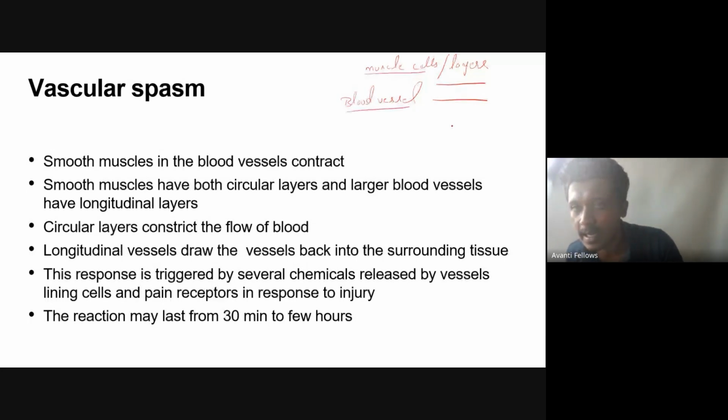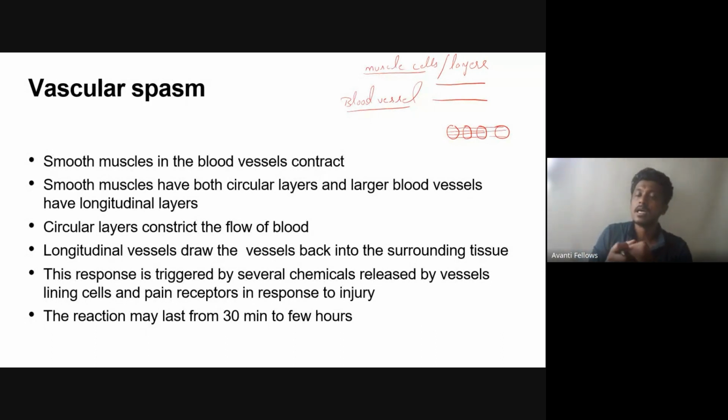Some layers are circular like this. Some layers are longitudinal, parallel to each other. These are called circular muscles and longitudinal muscles, and what they do is they contract.